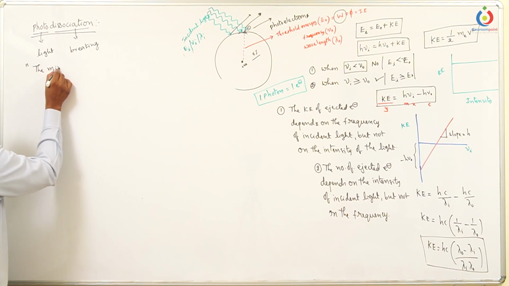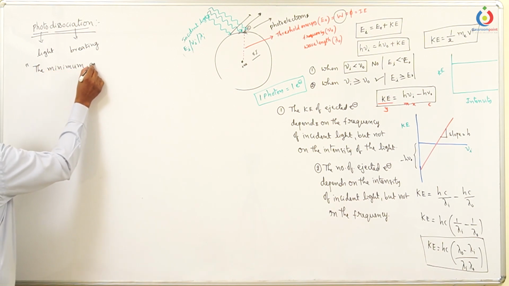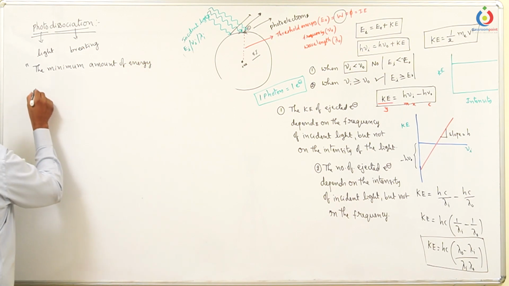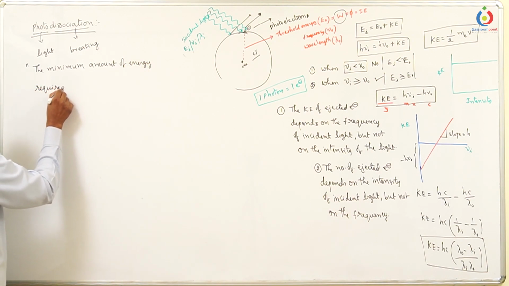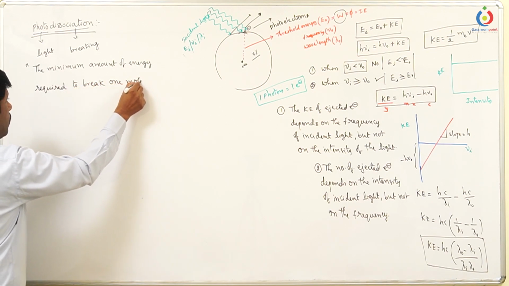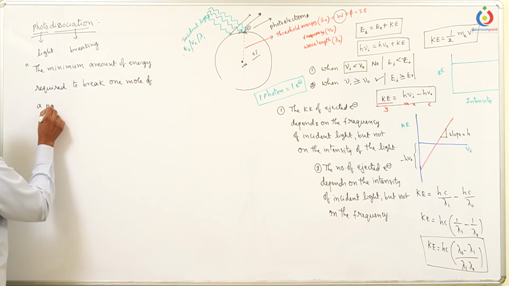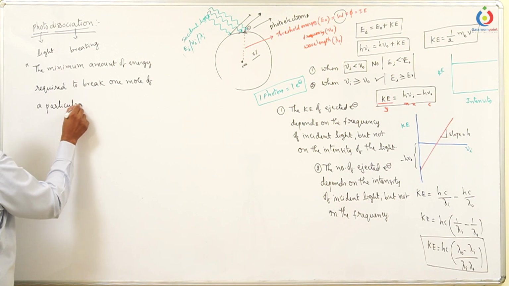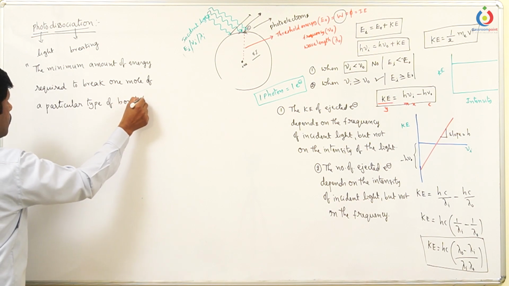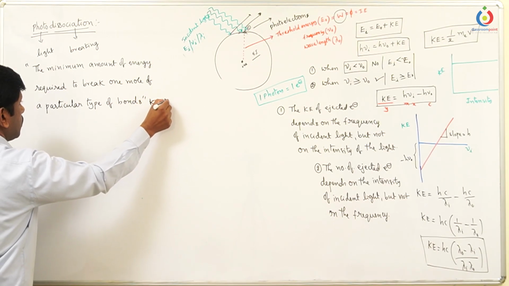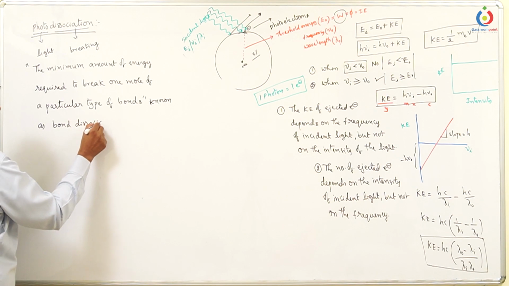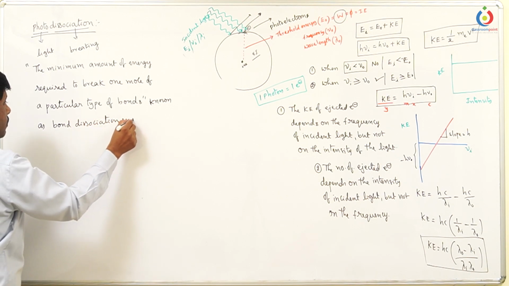The minimum amount of energy required to break 1 mole of a particular type of bonds is known as bond dissociation energy.